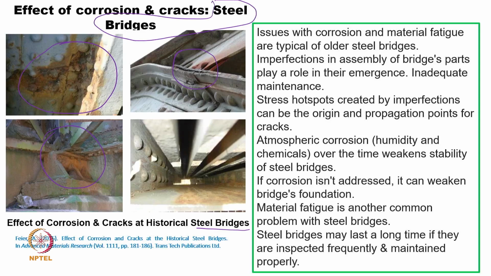So, either we should remove all the joints, but in that situation the construction will be very costly. If we want to keep the construction cost minimum, we need to have joints. But if there are joints, we need to think about how they are made. I have seen many people go into the welding operation without learning how welding should be done. They learn only through the experience of skill development, and they do not know how to make the face appropriately, how to align the face appropriately, and at what points it really needs to be welded.